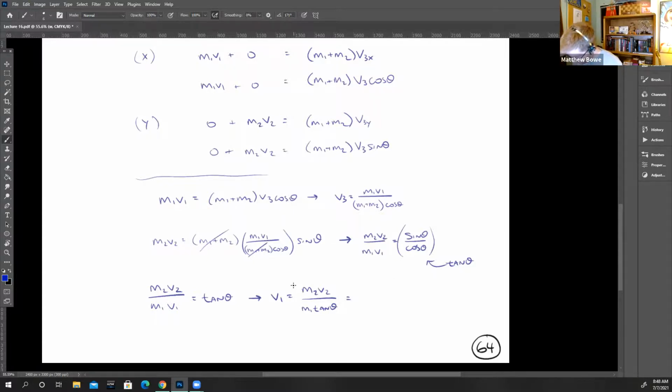And in this expression, we have all of the terms that we know. So that's the mass of the satellite, the speed of the satellite, it's in kilometers per hour. We have the mass of the asteroid and just the angle that the end product is making.